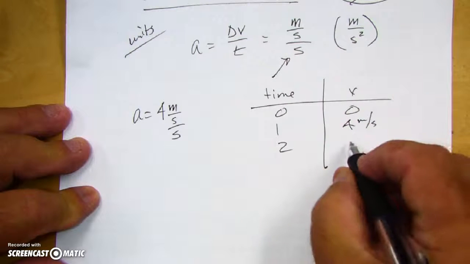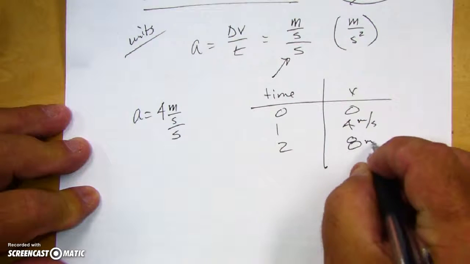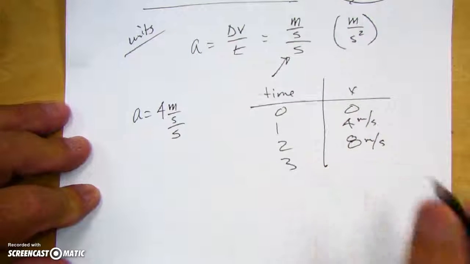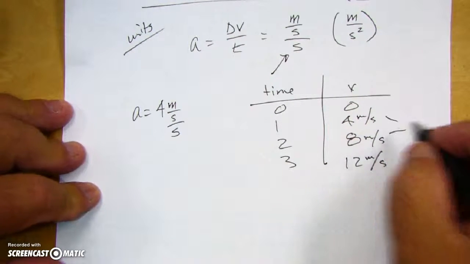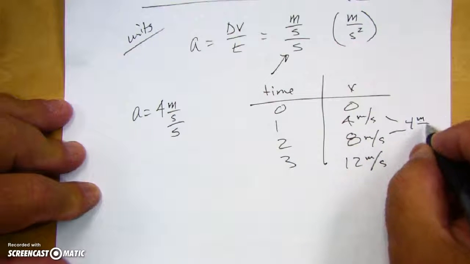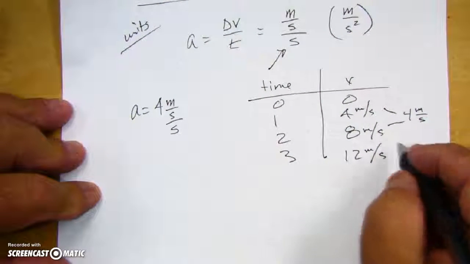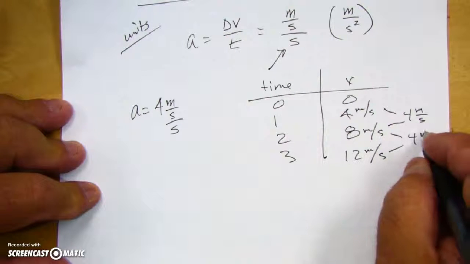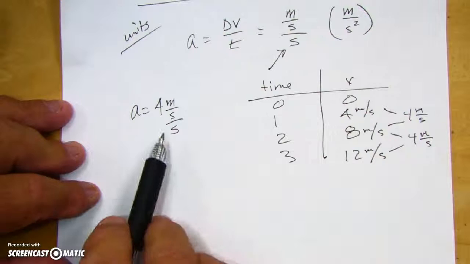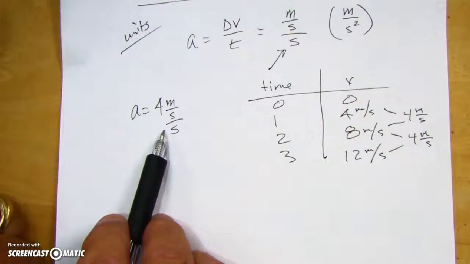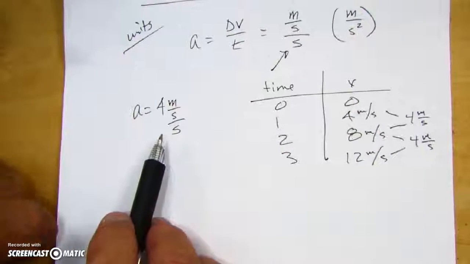After 2 seconds, it's going 8 meters per second. After 3 seconds, it's going 12 meters per second. If you take a look at this, in each second, the speed changed 4 meters per second. So this kind of makes sense if you say it this way: the speed changed 4 meters per second each second.